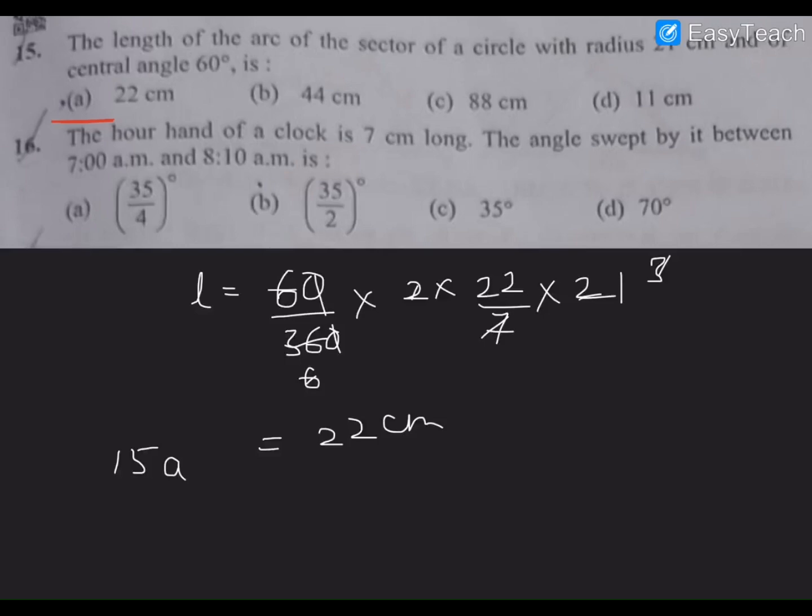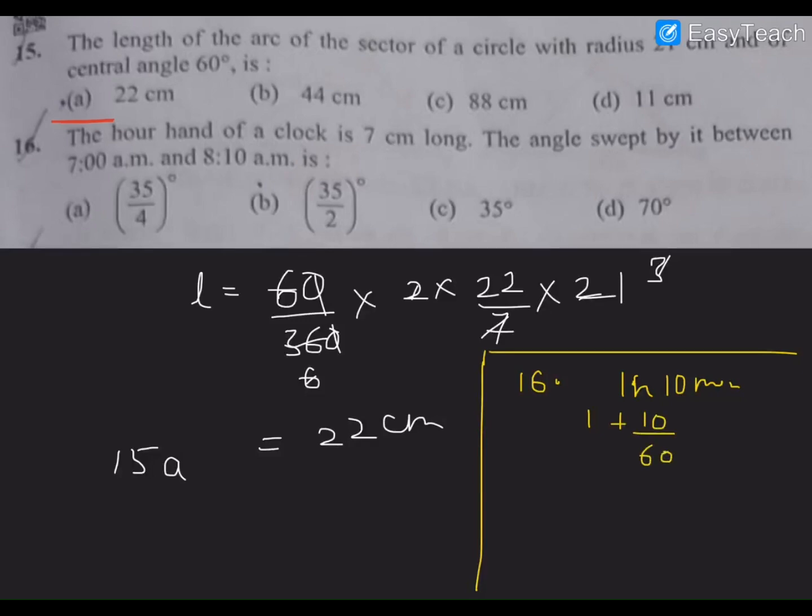For the next question, the hour hand of the clock is 7 centimeters long. The angle swept by it between 7 a.m. to 8:10 a.m. So the time is 1 hour and 10 minutes. Converting everything into hours, you will get 1 plus 10 by 60, which gives you 7 by 6 hours.